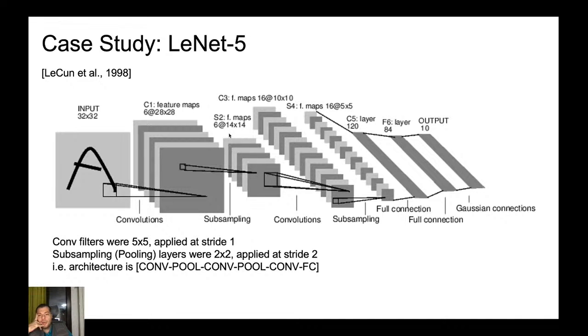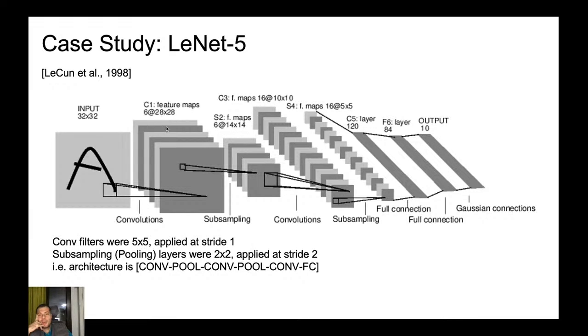But either way, we can see that the filters have a size of 2 by 2, and they are applied at a stride of 2. So this results in 6 activation maps of size 14 by 14. Then we have another convolutional layer with filters of 5 by 5. So here we see that the difference is 4.